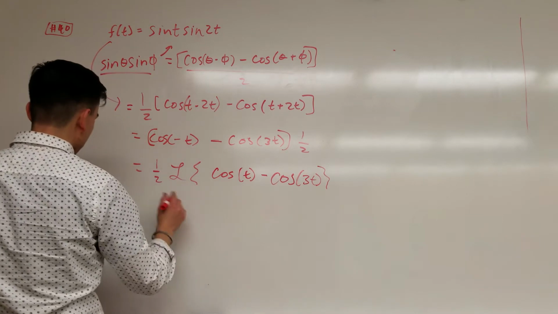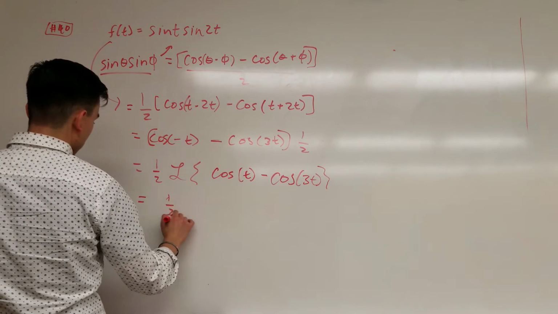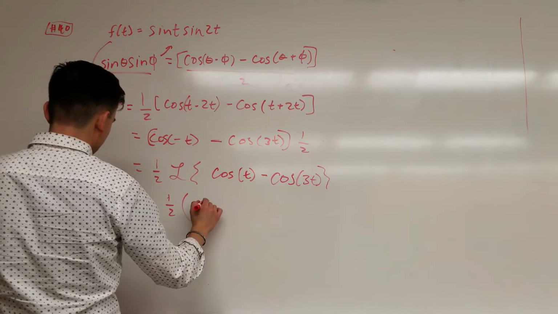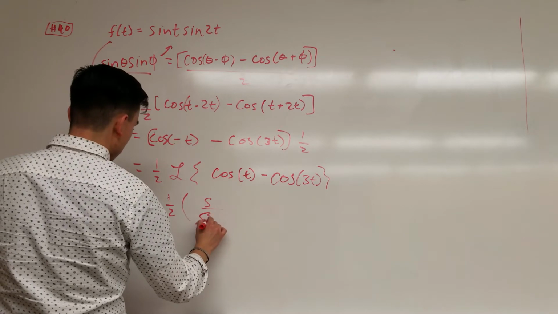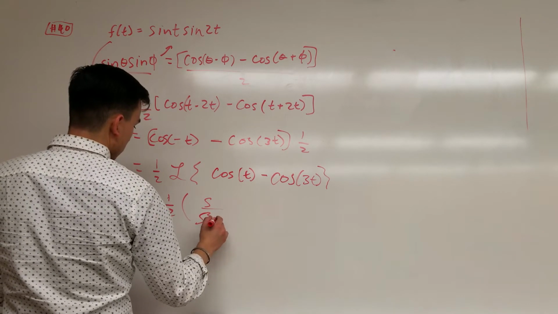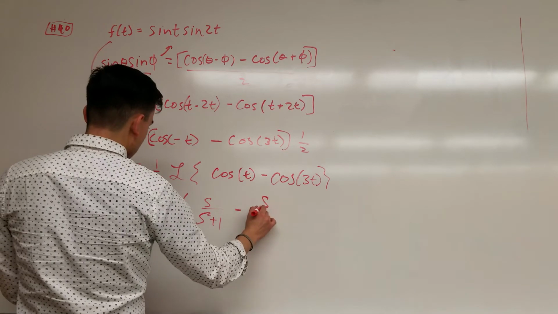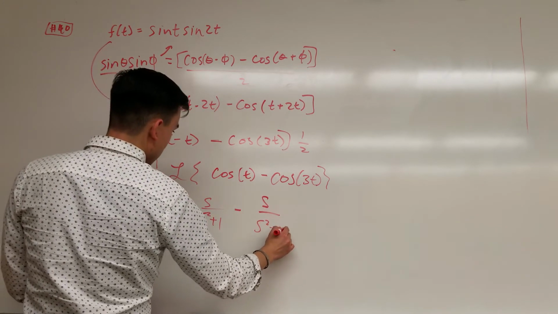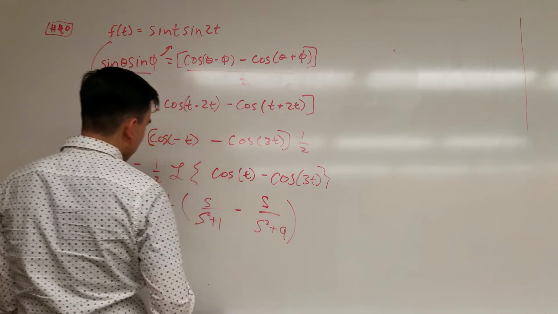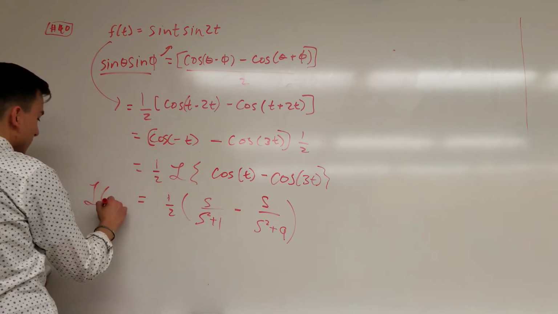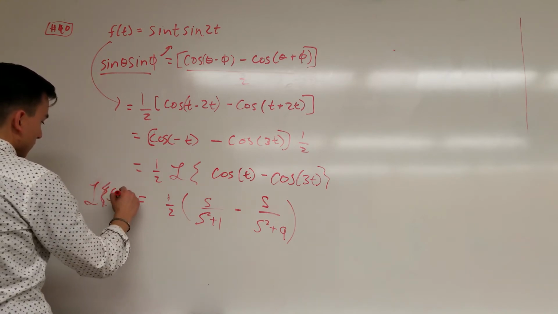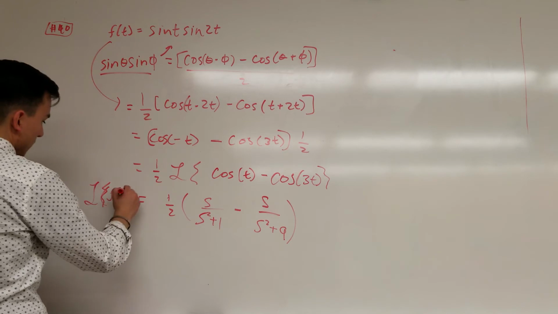Okay, so then we get 1/2 times s over s squared plus 1, minus s over s squared plus 9. And that is our Laplace of the function f of t. Great.